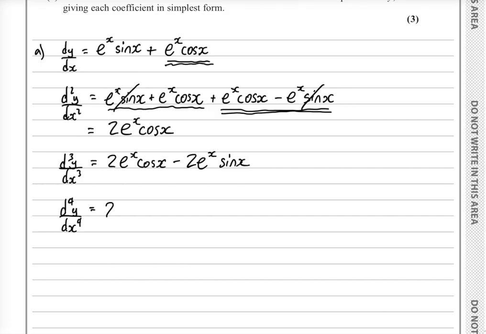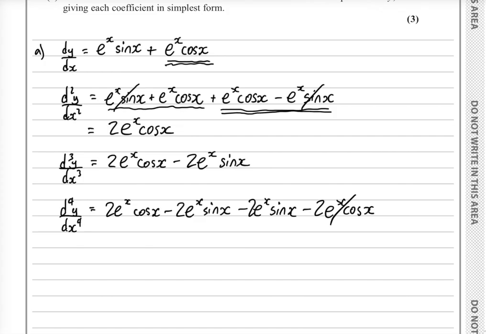So the first one produces what we've got just above. And then the sine x produces a negative version of 2e to the x sine x, 2e to the x cosine x.